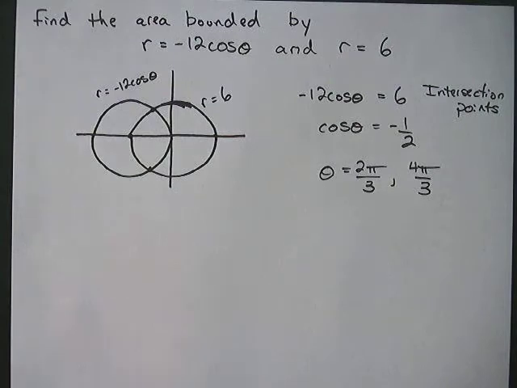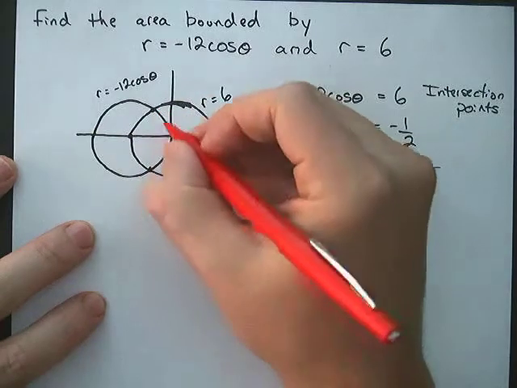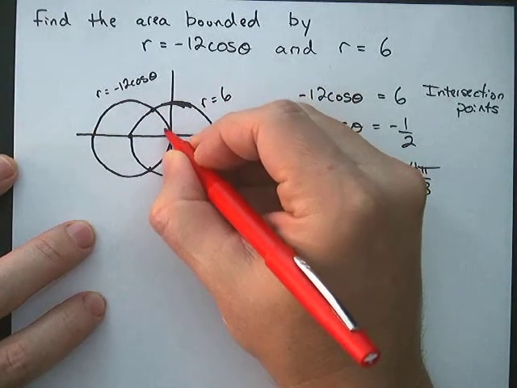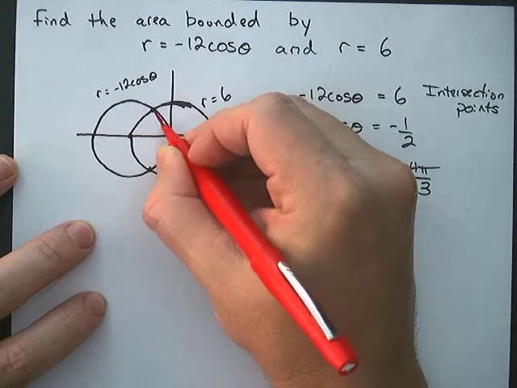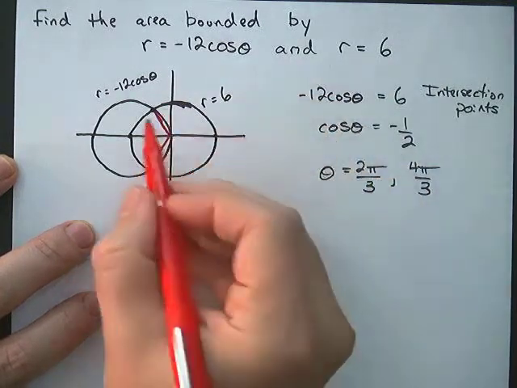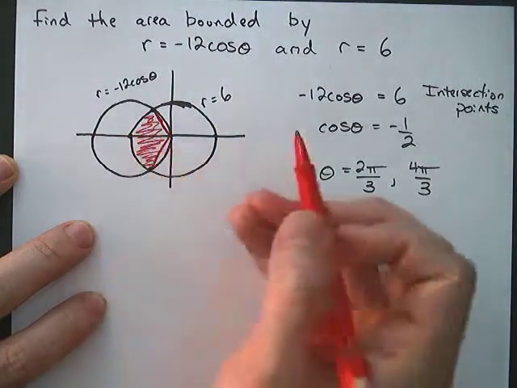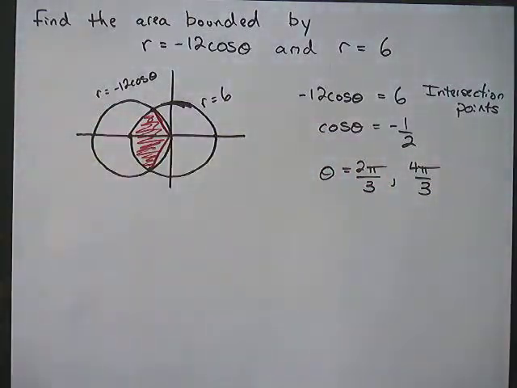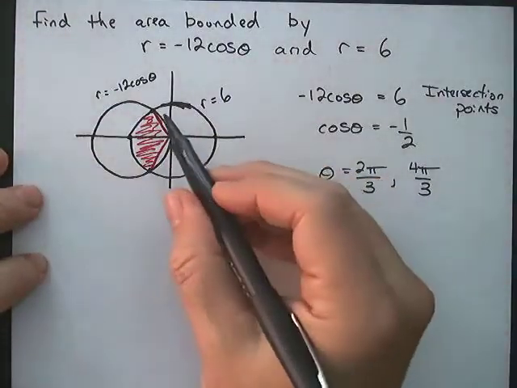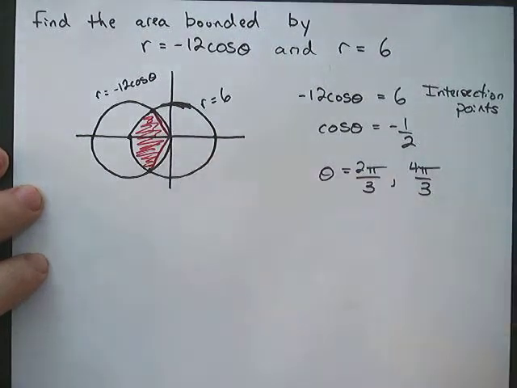Okay, so now that we found our intersection points, we need to split this thing up in a way that allows us to find the area. So one thing I can do, if I'm looking at just the circle r equals 6, I can find this area here by taking the integral of this function between 2 pi over 3 and 4 pi over 3.